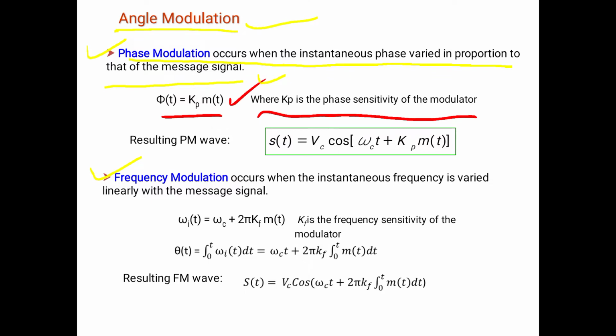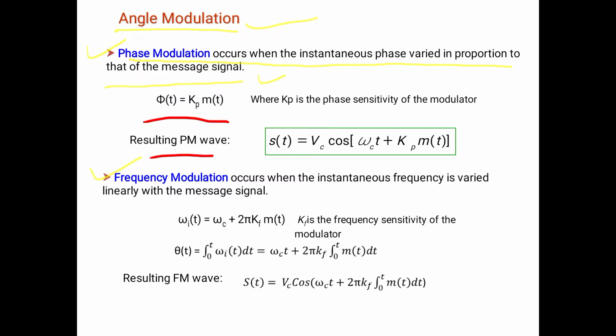In order to perform phase modulation we need carrier and message signal, and here the phase of the carrier is instantaneously varying with respect to the amplitude of the message signal. That's why we need to know the instantaneous phase of the carrier signal. The formula for finding the instantaneous phase is phi of t equal to kp into m of t, where kp is the phase sensitivity of the modulator and m of t is the message signal.